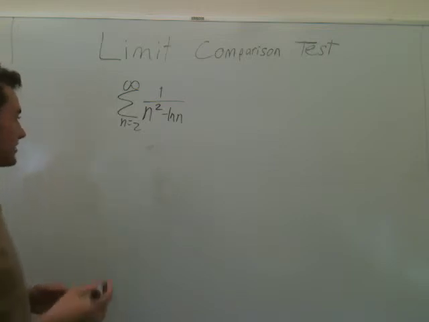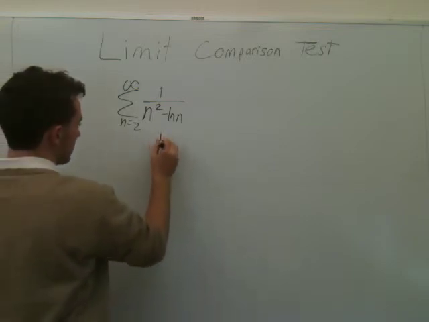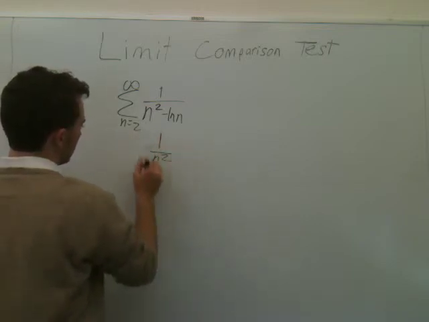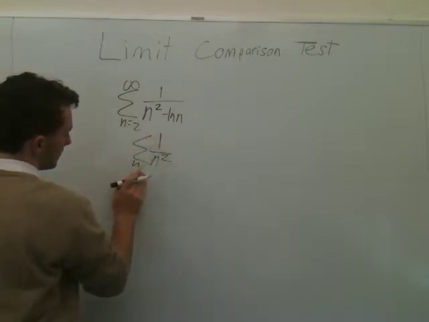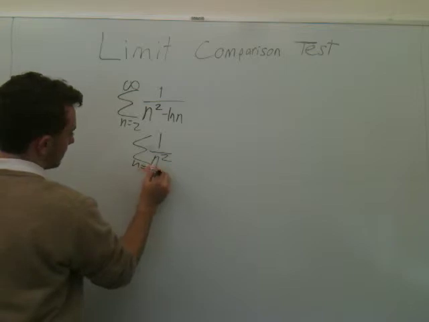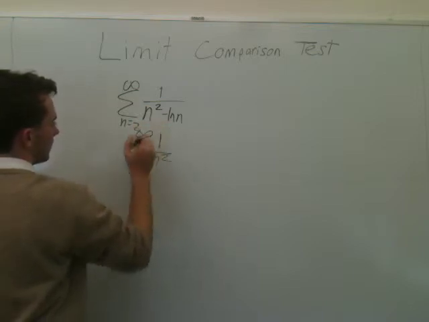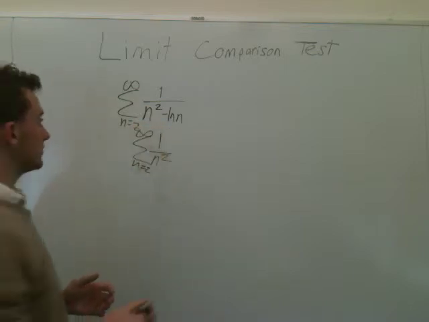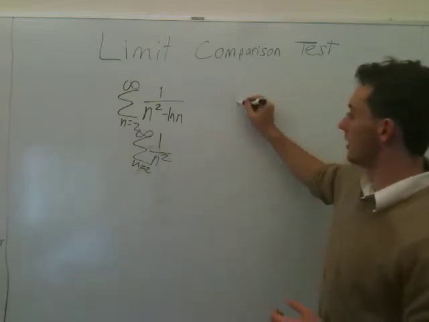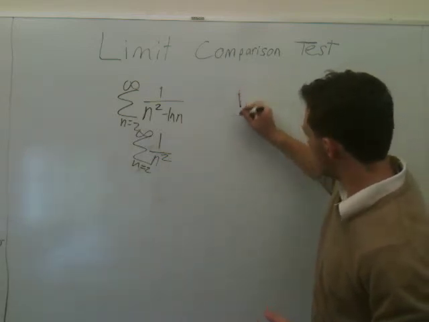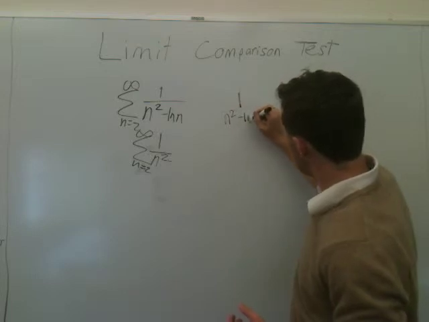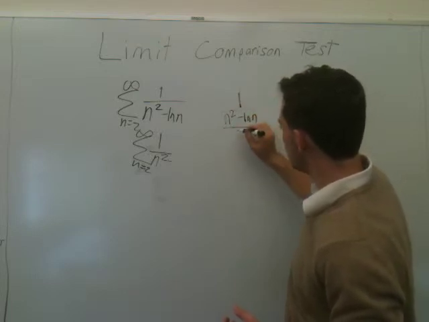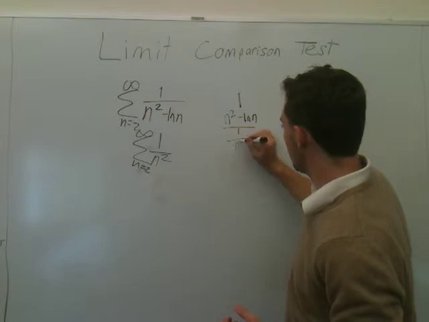This strongly resembles the p-series 1 over n squared, which we know converges. So what we'll do is we'll take this and divide it by 1 over n squared.